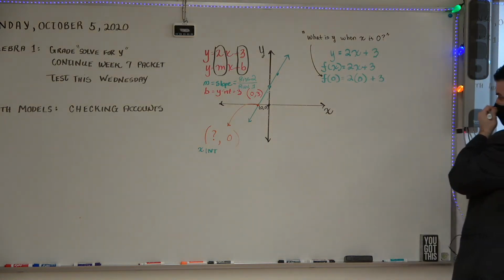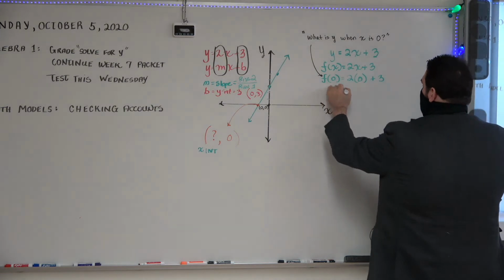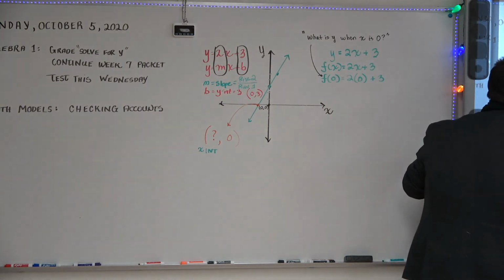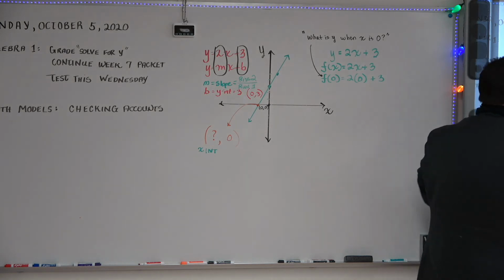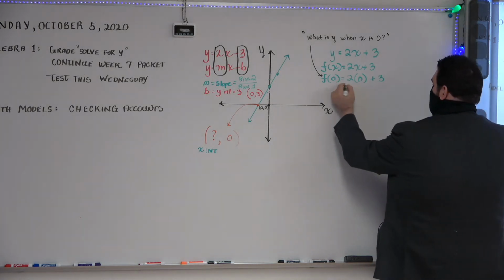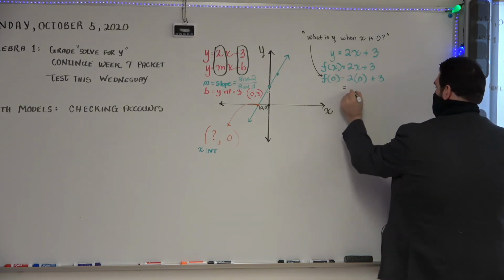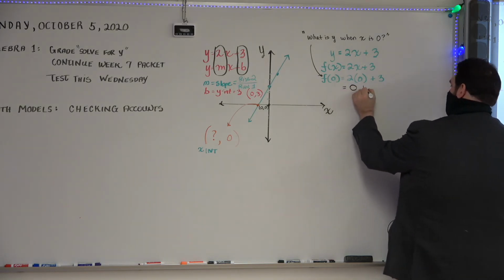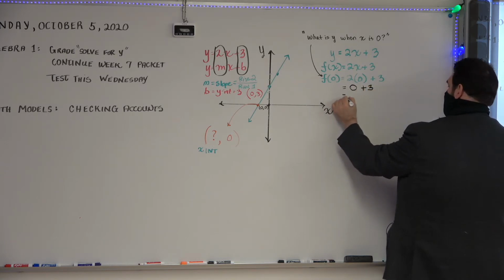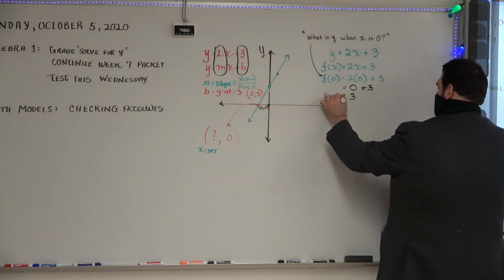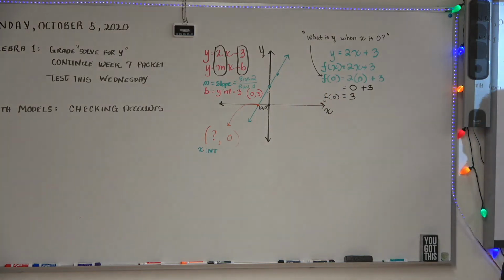Well, let's see. So this is called evaluating. We're evaluating the expression 2x plus 3 at 0. So, what's 2 times 0, Leilani? So 0 plus 3. Shannon, what's 0 plus 3? 3. So f of 0 is 3.